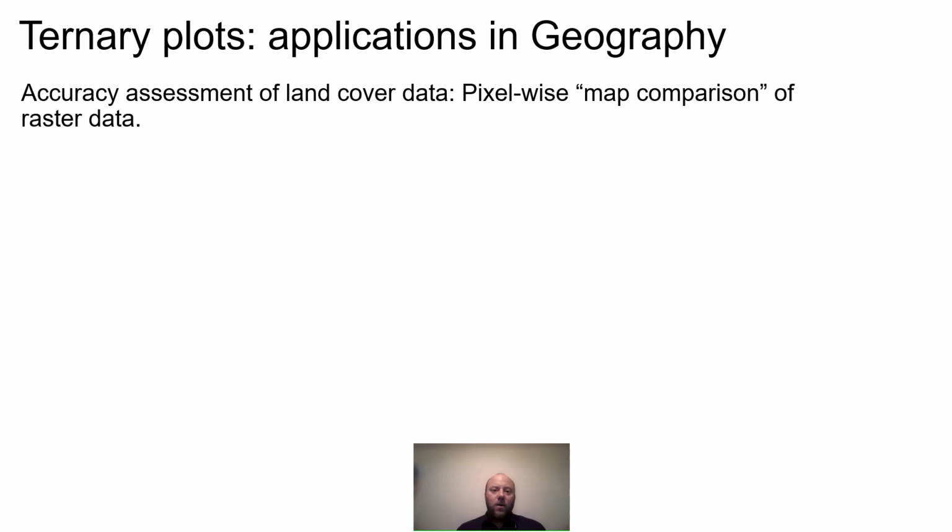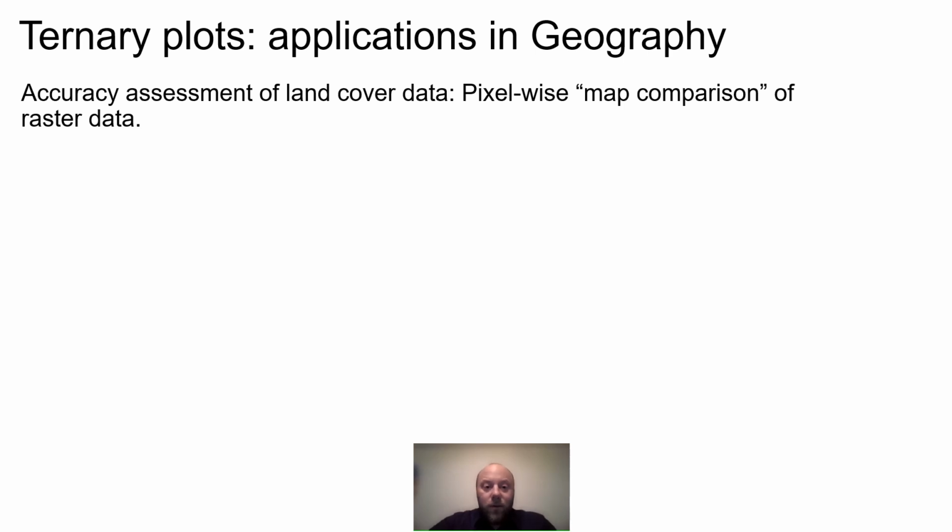And now I'd like to talk about how ternary plots can be applied in geographic information science. One application is to use it in the context of accuracy assessment of land cover data. I'd like to give a broader overview of what that actually is. I'm not sure how many of you are familiar with the topic.